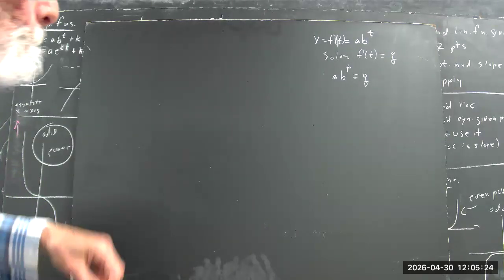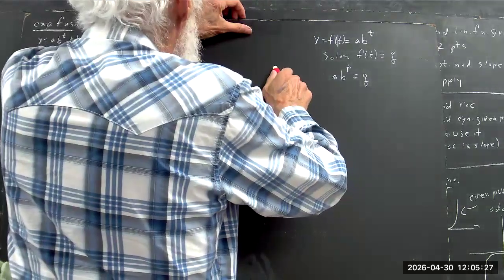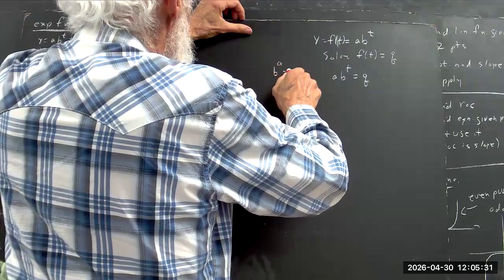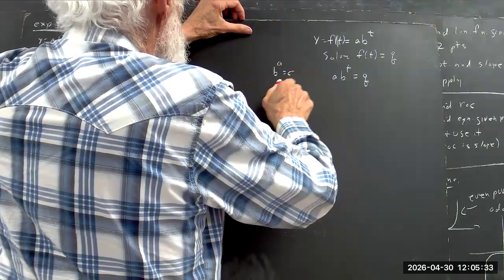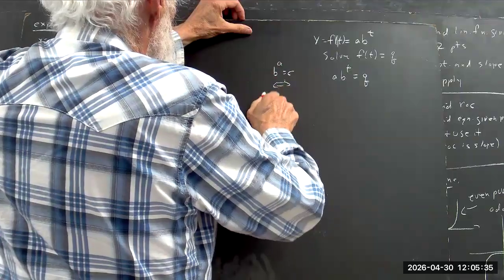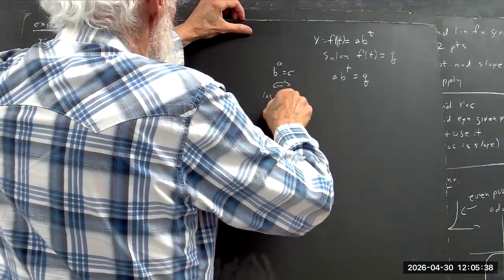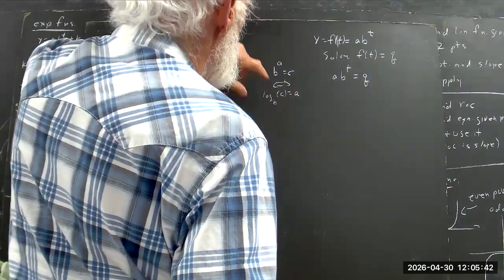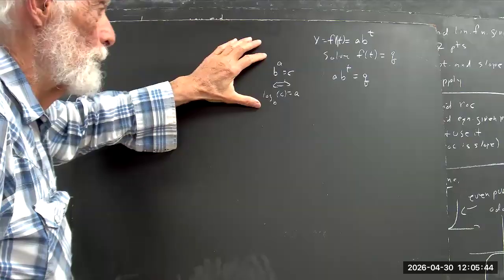We remember that b to the a equals c is equivalent to log base b of c equals a. Now there's a little bit of a problem here.